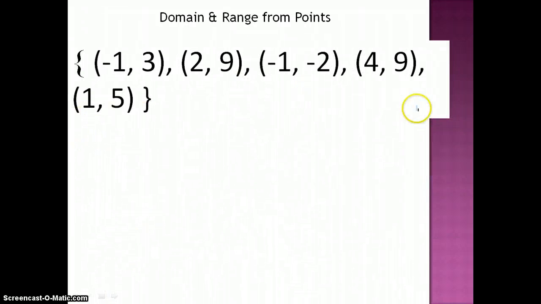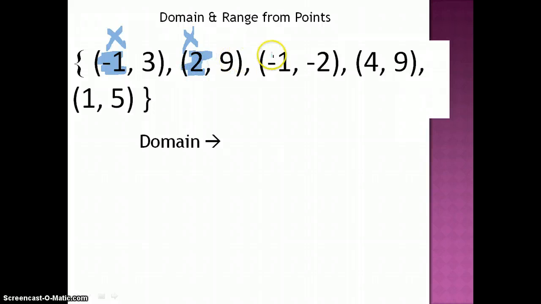Now, let's go look at domain and range from points. So let's say you're given a list of points. Well, again, domain is going to be your X values. So my X values here are the first values. So this is my X, 2, and then -1, then 4, and then 1 again.